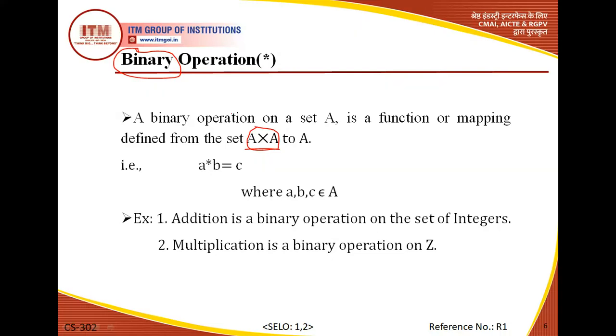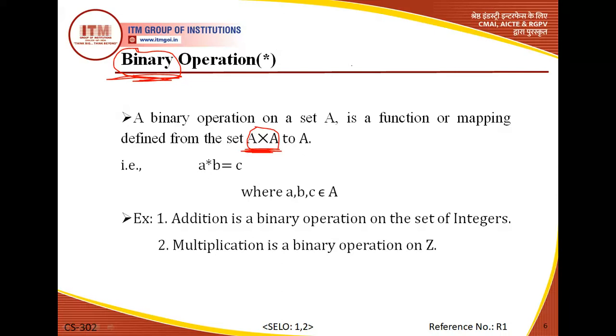So why have we taken this? Because obviously we are talking about a binary operation, and for an operation to be binary, there should be two operands, two elements that are being connected by that particular operation. For two elements, we should obviously have the cross product of two sets.